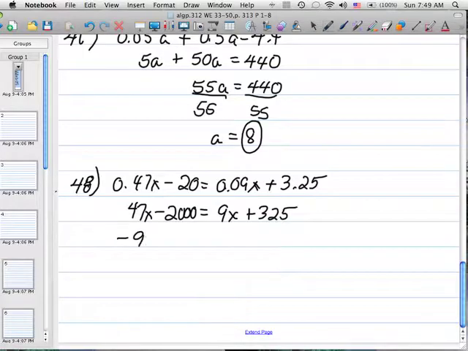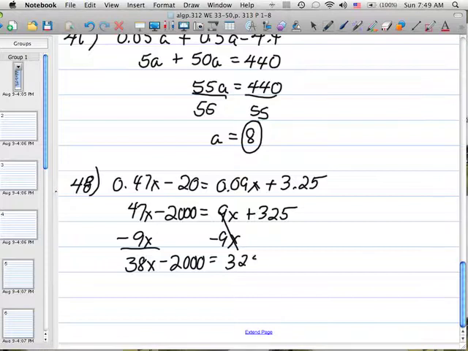Getting the variable on one side first, subtract the 9x. That gives us 38x minus 2,000 equals 325. Add 2,000 to both sides.